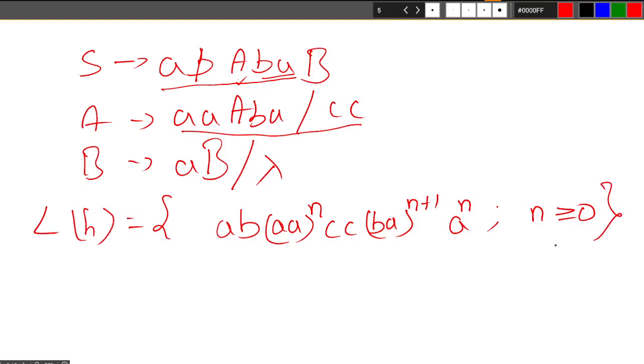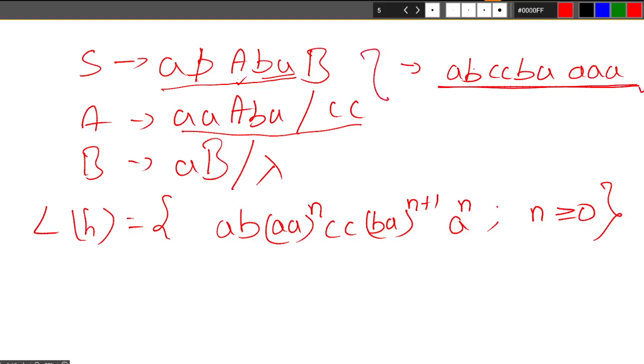Let us check whether it is able to generate the possible strings or not. Let us take an example string. Suppose it was AB, then CC and BA and AAA. Is this string possible with this grammar?